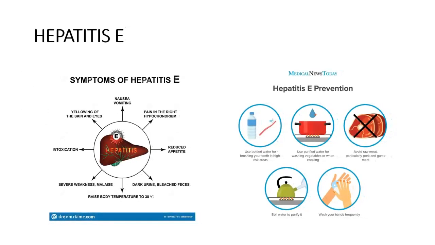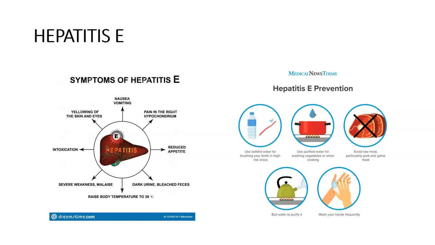And you are correct. These are symptoms of hepatitis E. And what are some symptoms that you'll see with hepatitis E? Someone remind us. You're going to have GI symptoms, dark urine, reduced appetite, fatigue.